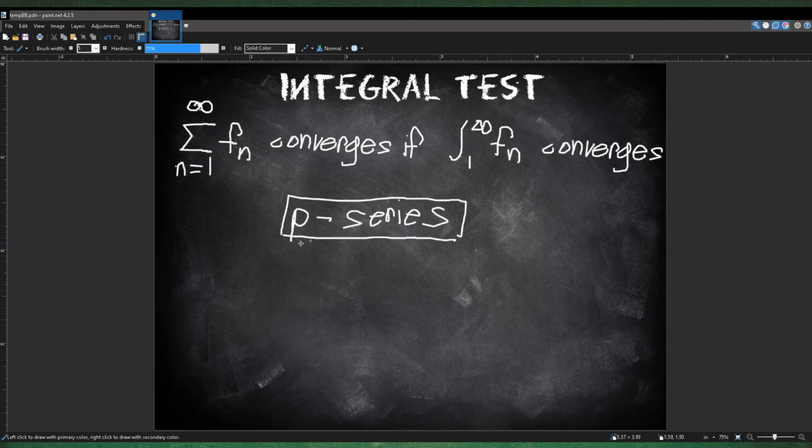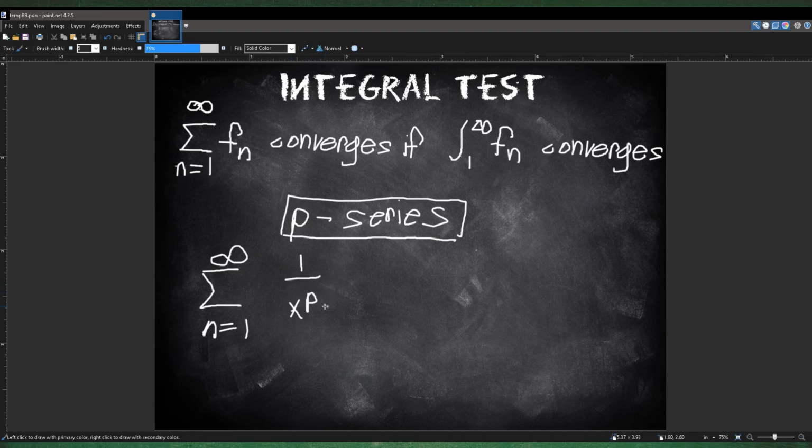So P stands for polynomial. So what this series tells us is that if we have to take the sum of the elements of a sequence from n equal to 1 to infinity of 1 divided by n to the power of p, right?